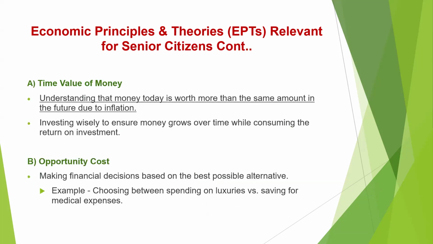On the time value of money, understand that money today is worth more than the same amount in the future due to inflation. So the 10% that I have discussed before is important for you to address this inflation. But as you all know, today's inflation is negative, but it doesn't mean the real picture is reflected today, right? The central bank's anticipated inflation is somewhere closer to 5%.